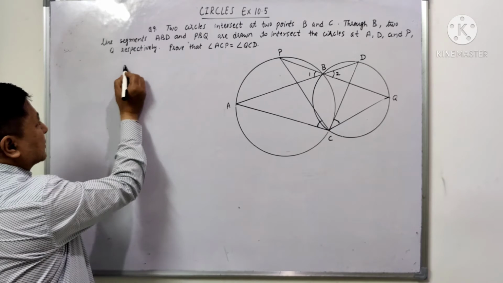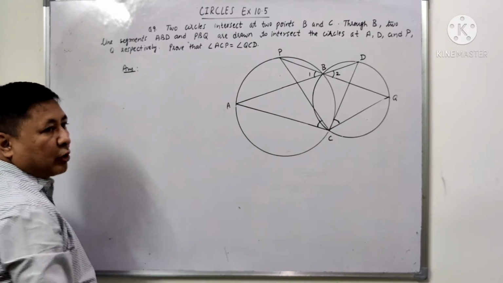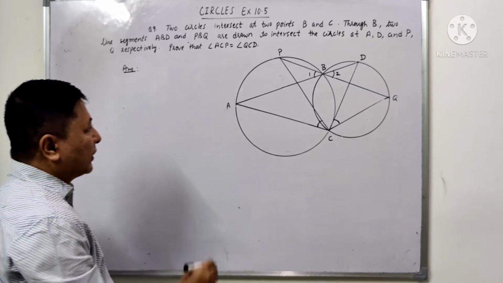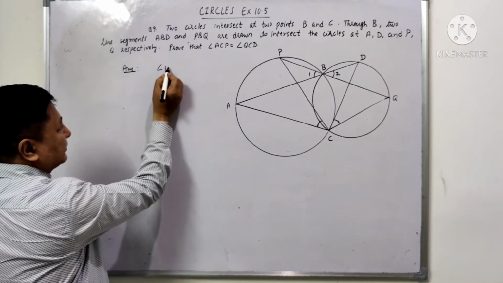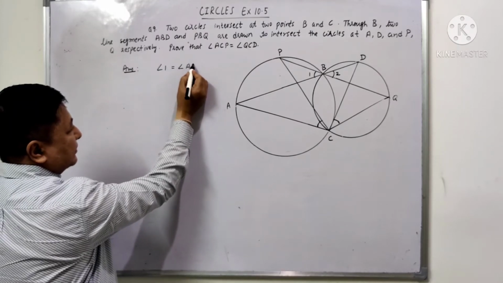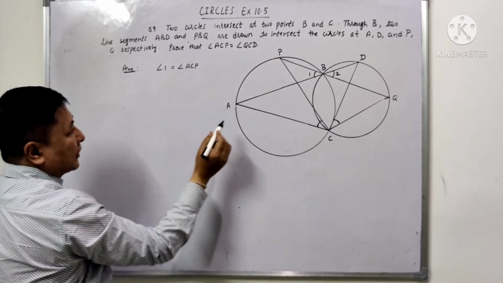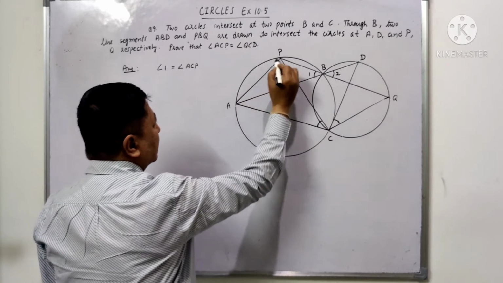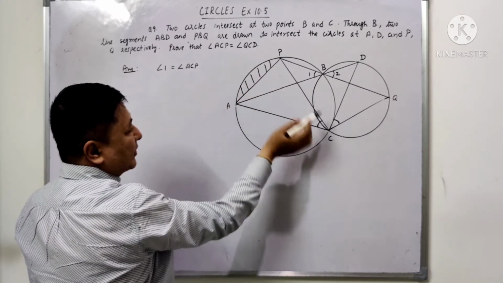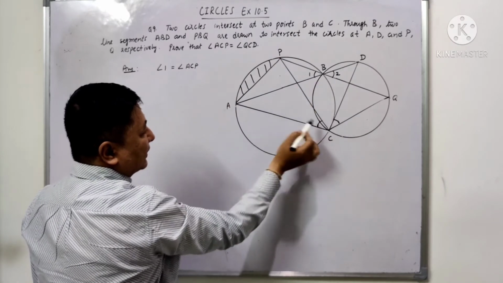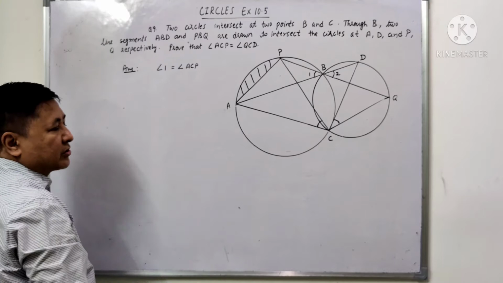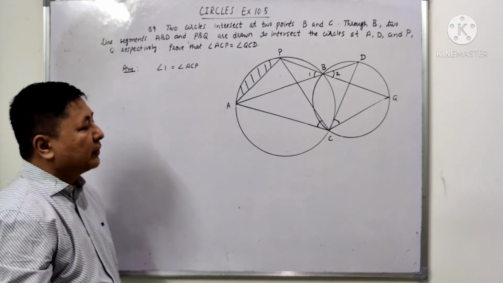Now let us solve this. We will be using the property that angles in the same segment are equal. Now angle 1 is equal to angle ACP. If I join this line, this is a minor segment, and on the major segment are angle 1 and angle ACP. These two angles are equal because the angles in the same segment are equal.